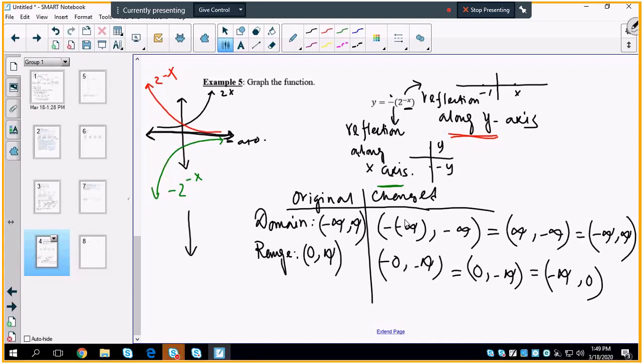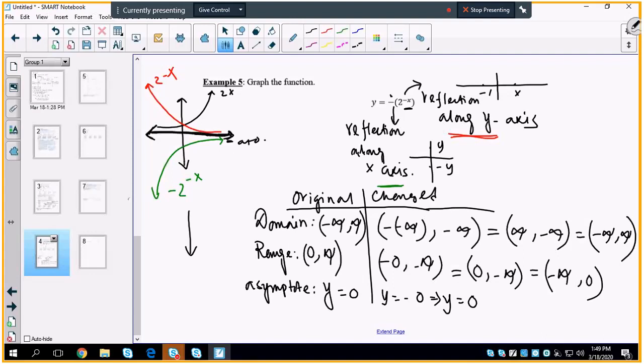Makes sense? Asymptote. The asymptote for the original exponential function is y equal to 0. The change I have done is multiply negative to the y coordinate. So I get y equal to negative 0, which is y equal to 0. And see your green graph, the graph is closer to the x-axis.